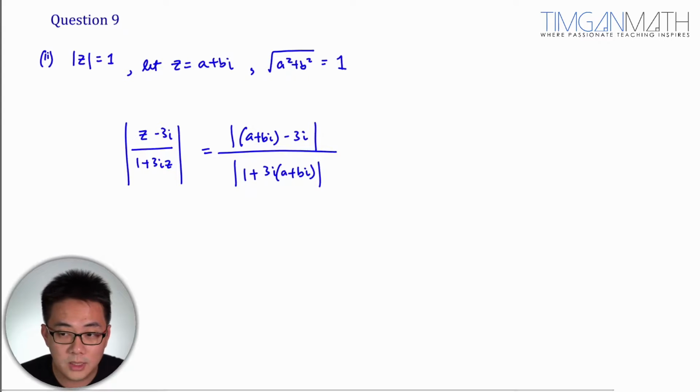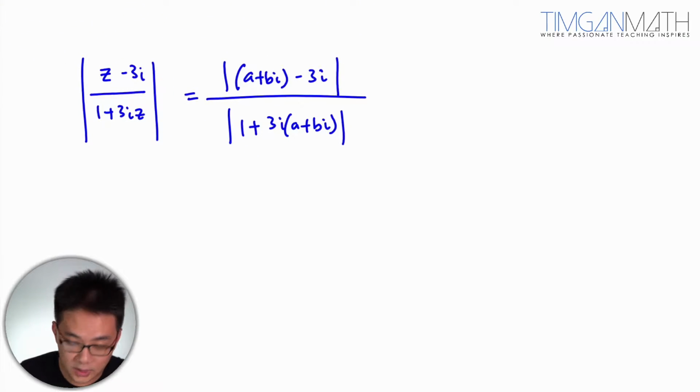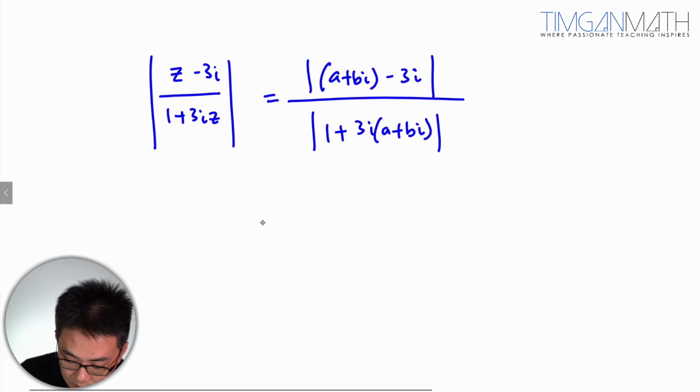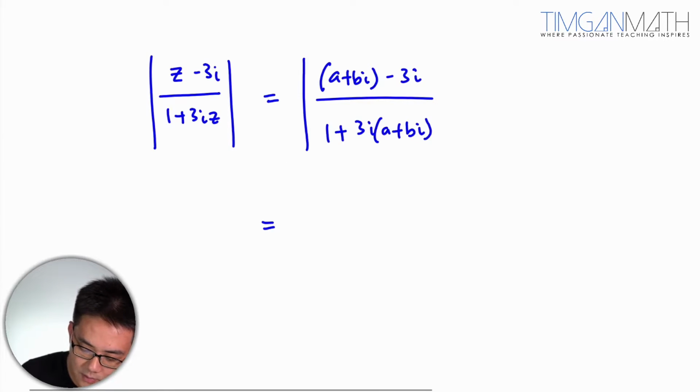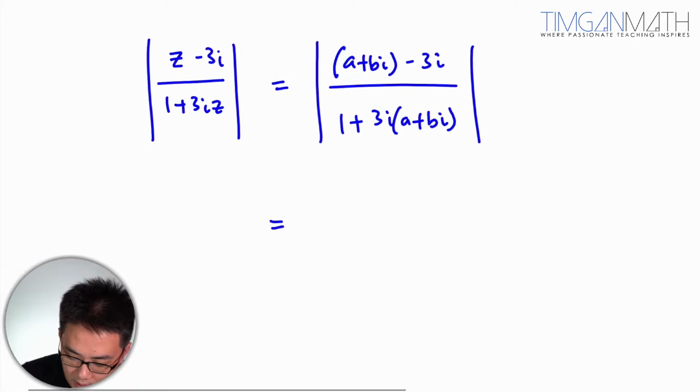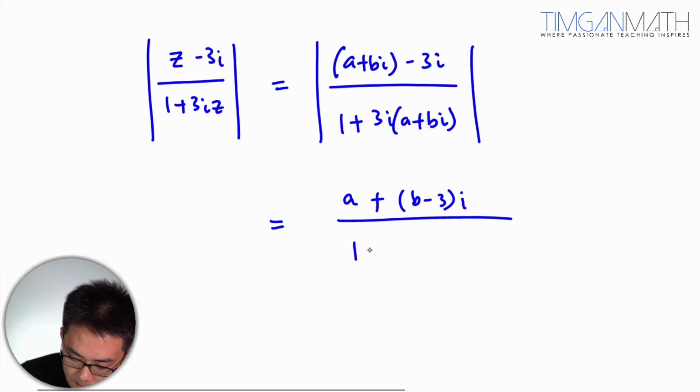Once it's done, we are just going to try and see whether we can manipulate this part. So the real part and imaginary part, the modulus, just leave it outside. The real and imaginary parts: a plus (b minus 3)i over 1 plus 3ai minus 3b.